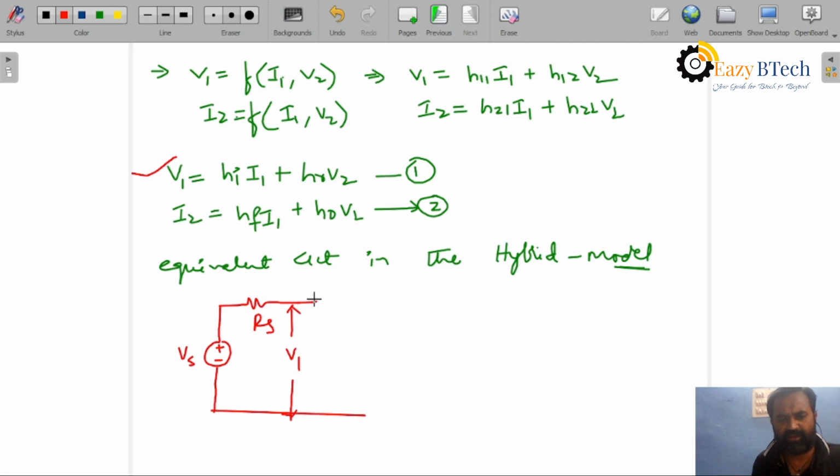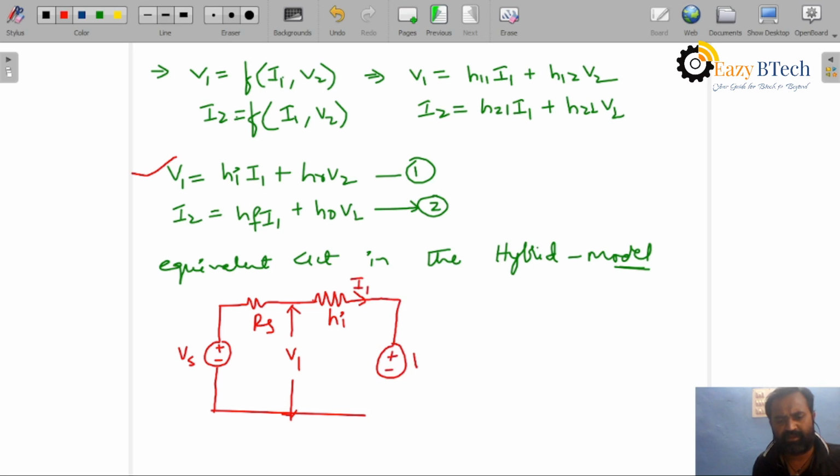V1 is across Hi with input current I1, along with the source Hr V2.